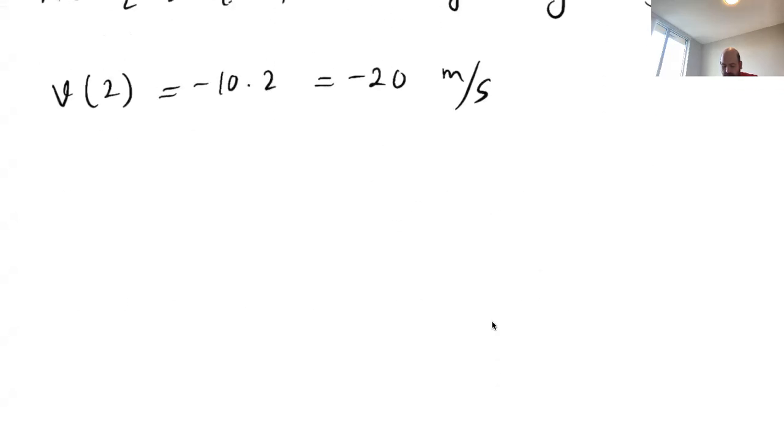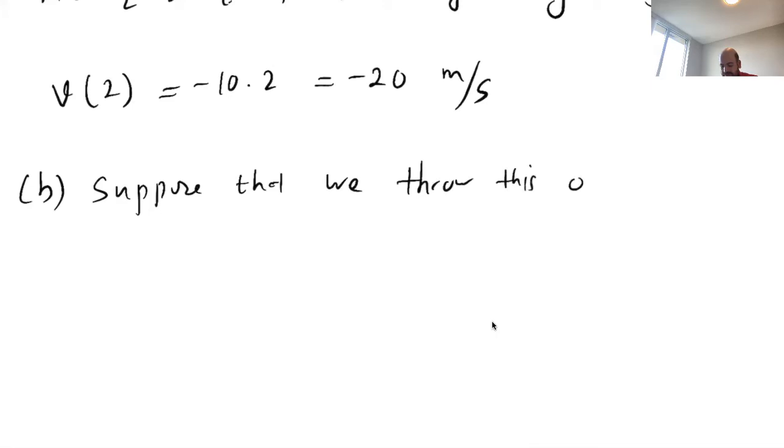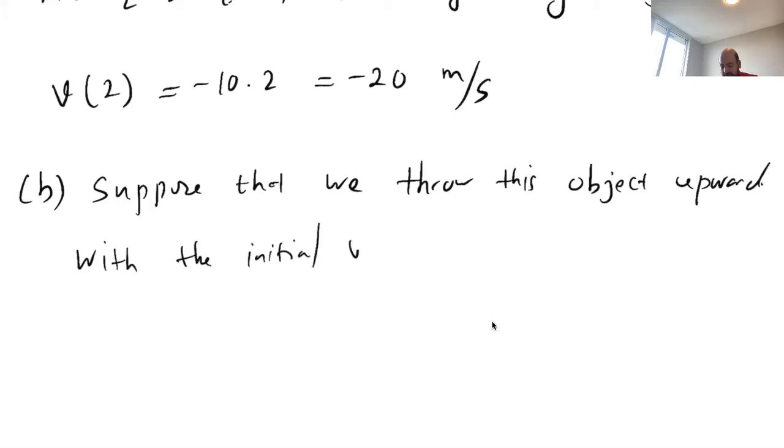Okay, now part B of this question. In part A we dropped the object and I showed you how to do it. But this is part B, suppose that we throw this object upward with an initial velocity of, let's say, 5 meters per second.